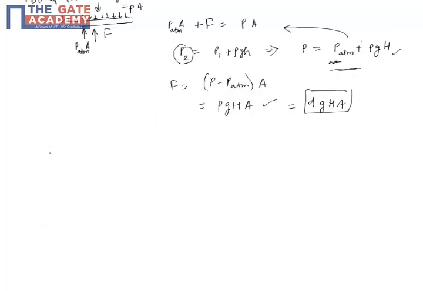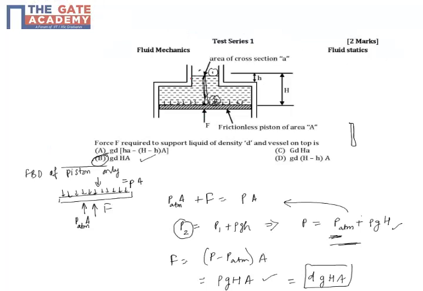Many people would be interested in why this force can't just be the weight of the fluid, and the weight of the fluid you can find out by summing up the area into the perpendicular width times g. But the force that is acting on the piston is not the weight of the fluid only.